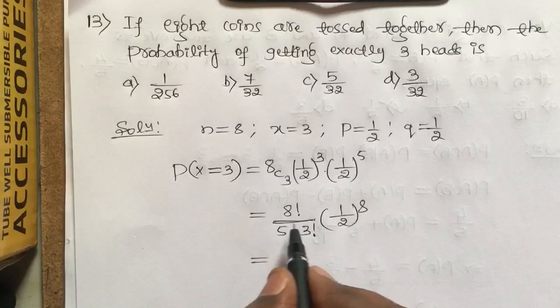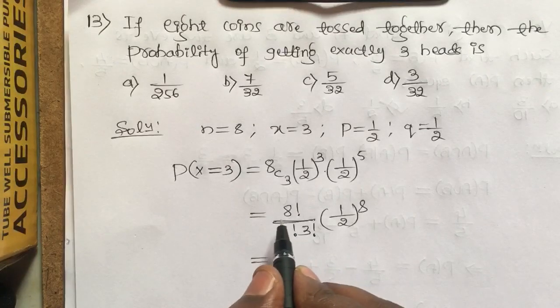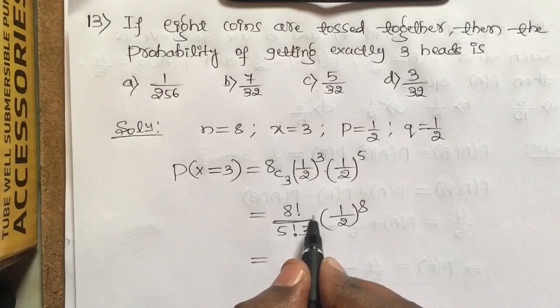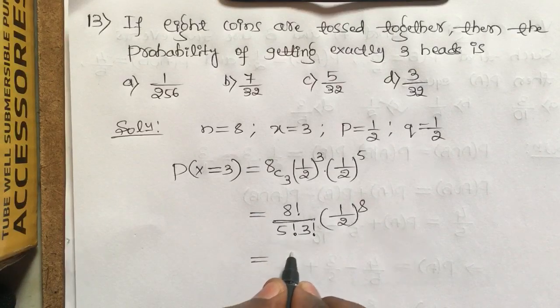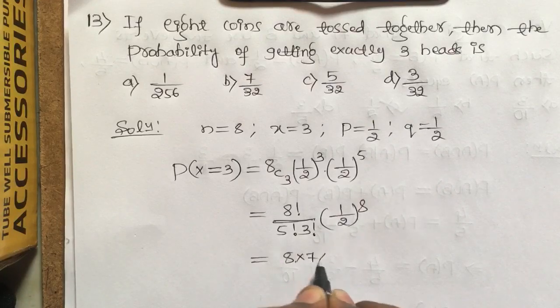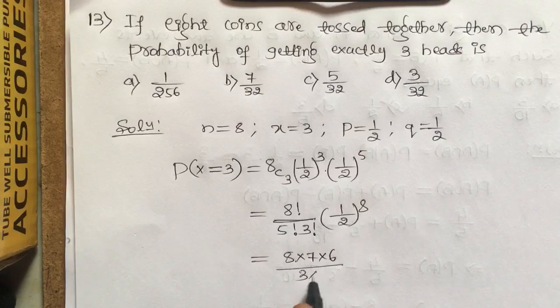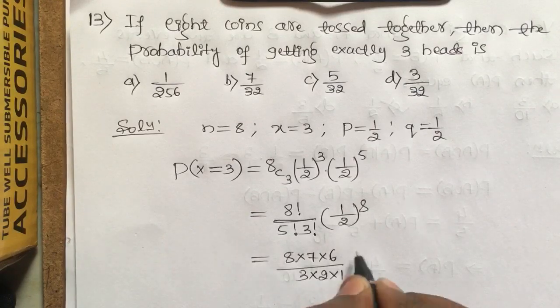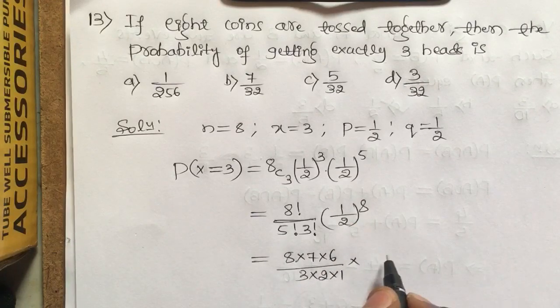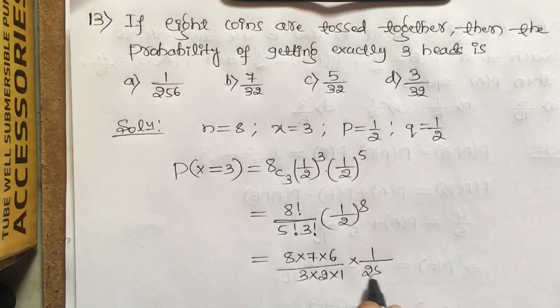Now 8 factorial can be written as 8 into 7 into 6 into 5 factorial. 5 factorial and 5 factorial cancel. So it can be written as 8 into 7 into 6 divided by 3 factorial, which is 3 into 2 into 1, into 1 by 2 raised to 8, that is 256.